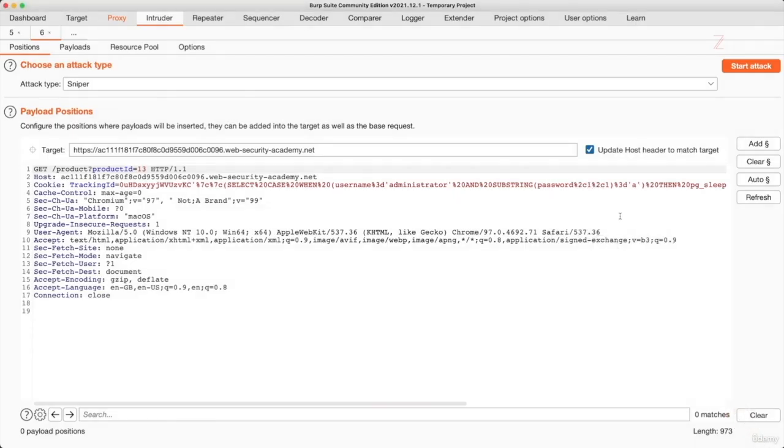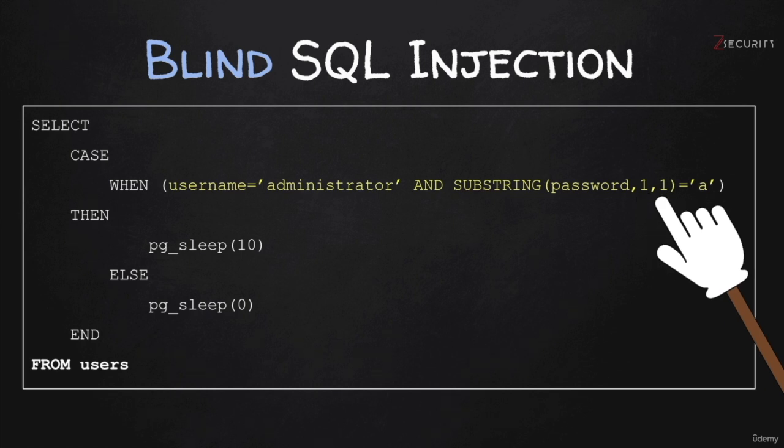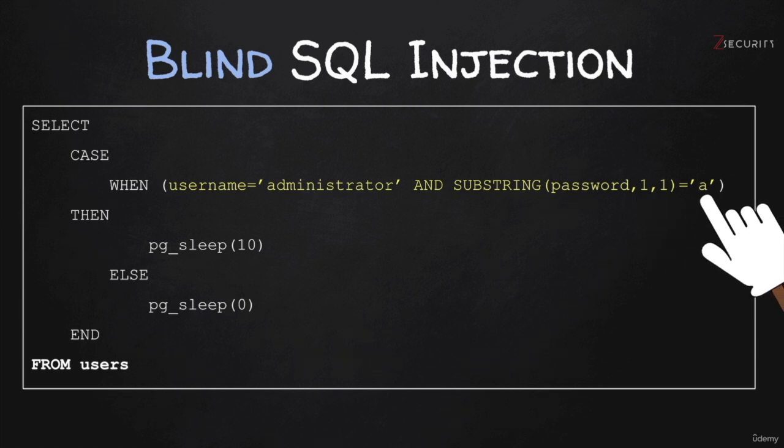As we know, the first thing that we want to modify is the part where we change the character position that we want to guess. And the second thing that we want to modify is the letters. So again, you want to replace this with every single possible character that could be used in a password.